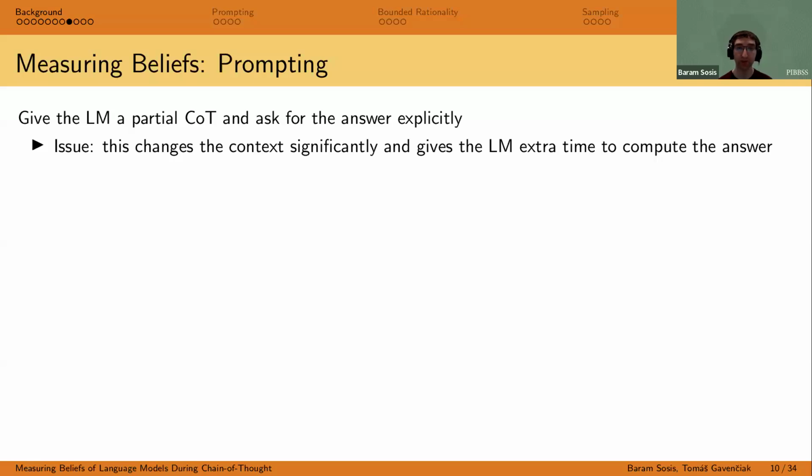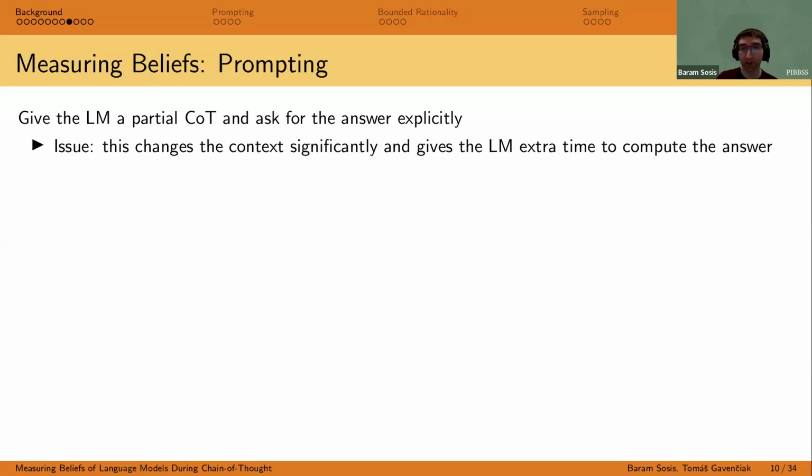Of course, the problem here is the flip side of the issues with linear probes, which is that now we are giving it time to pull the answer together, where maybe before it didn't know what the answer is. We're changing the context a lot. We're letting the language model do a lot more work, like we saw in the paper I mentioned earlier, to get the answer, which isn't necessarily what we want here.